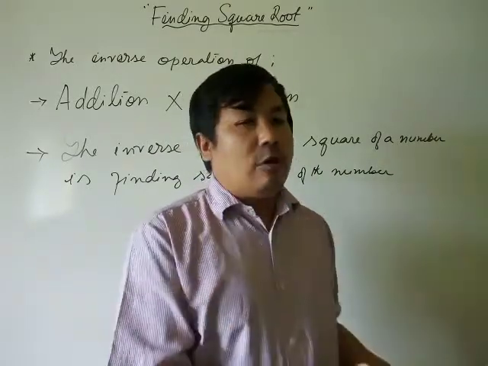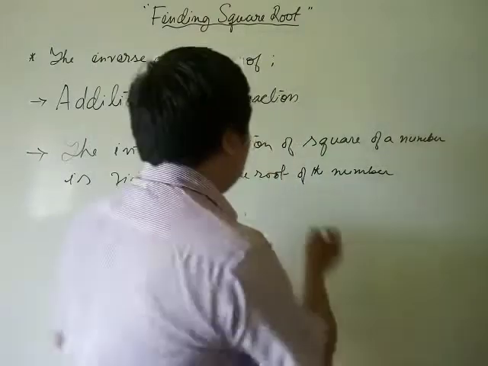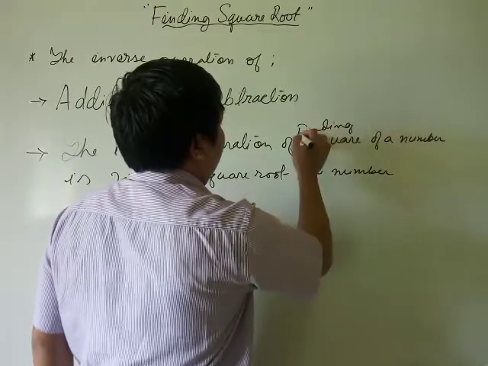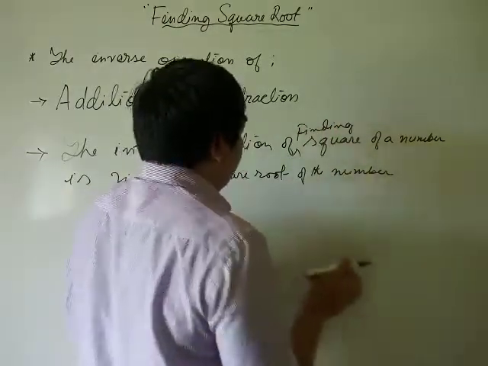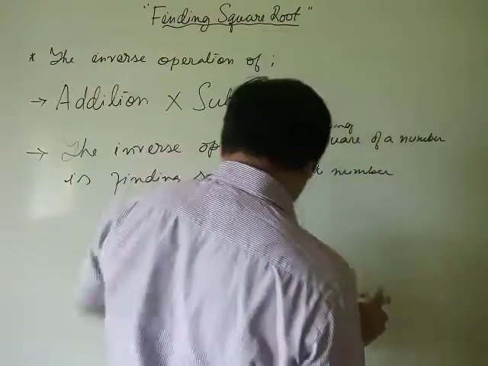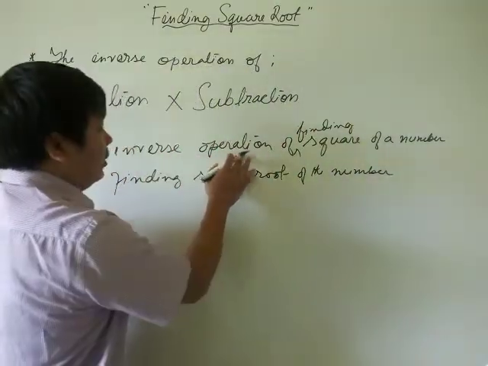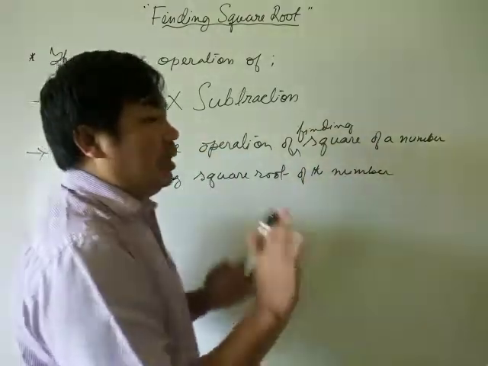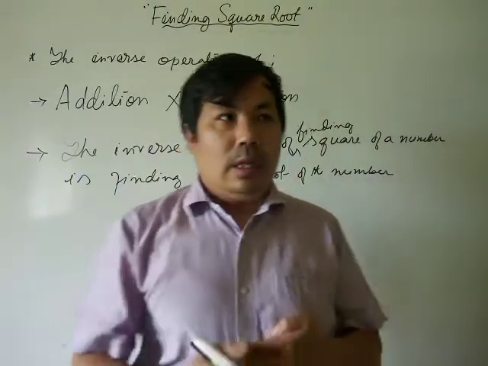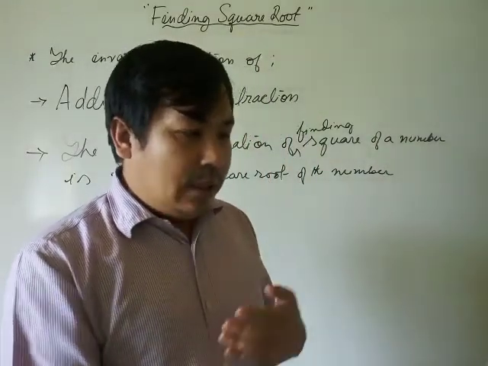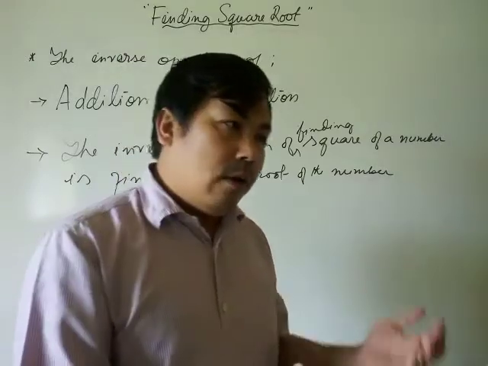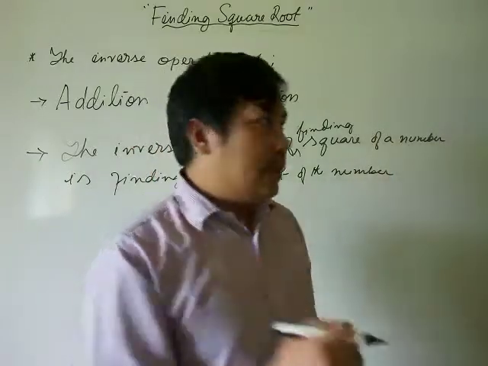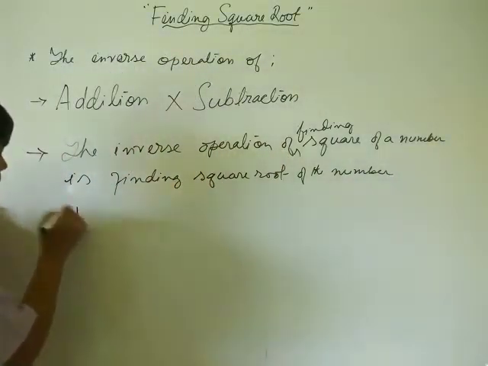The inverse operation of finding the square of a number is finding the square root of the number. So the opposite operation of finding the square of a number is finding the square root.